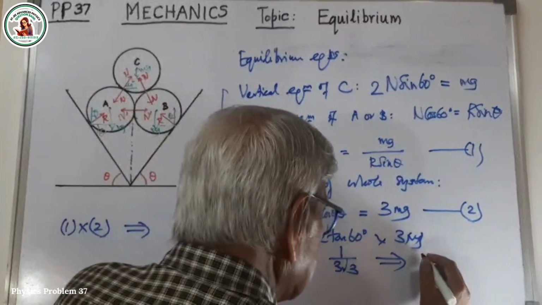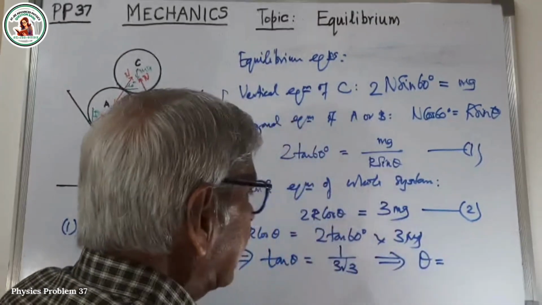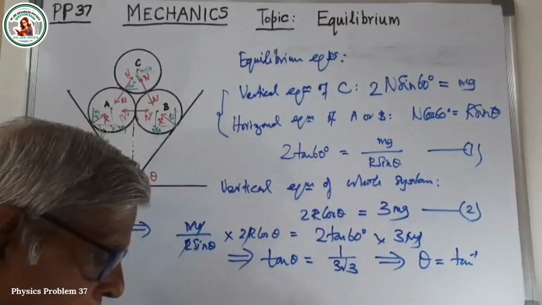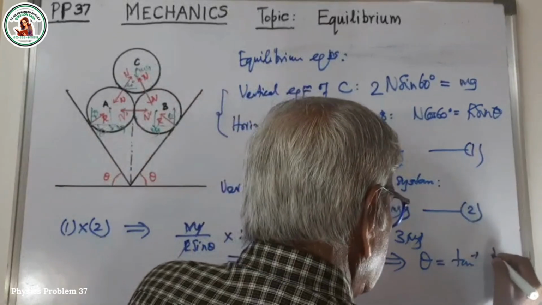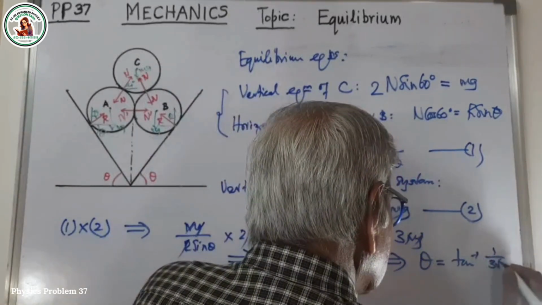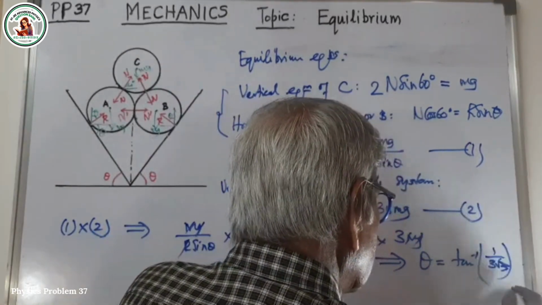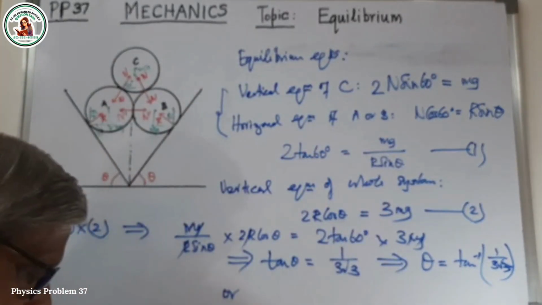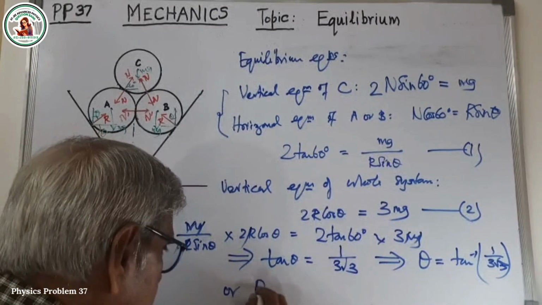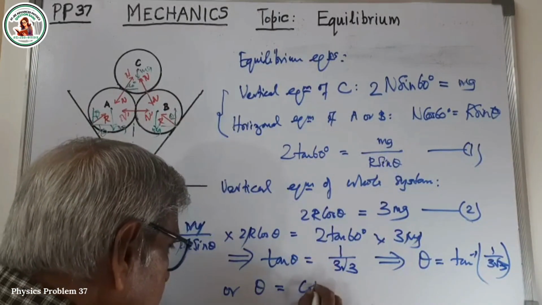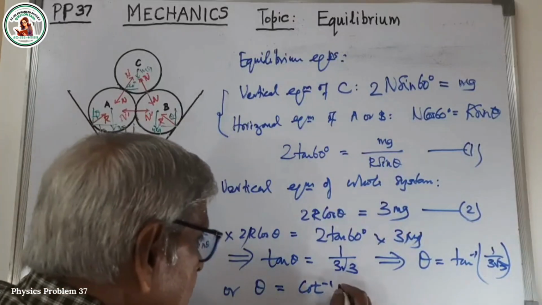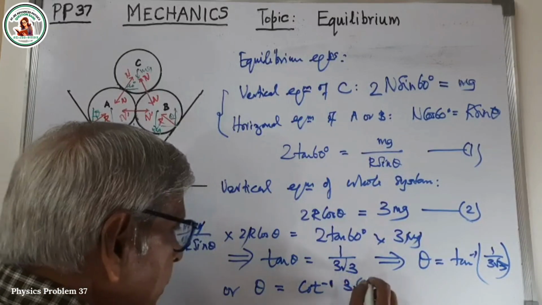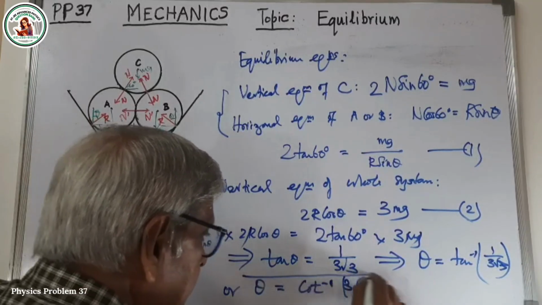Theta, the minimum angle, equals tan inverse of 1 by 3 root 3, or theta equals cot inverse of 3 root 3. So in trigonometric form, you can just give the answer like this.